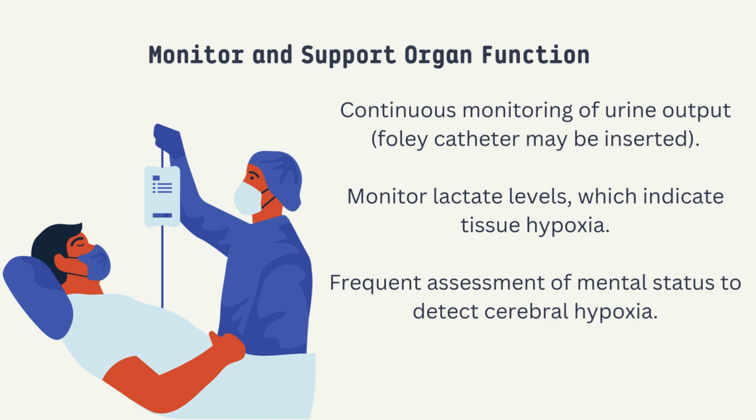When it comes to organ function, make sure that you catheterize the patient so that you have direct access for monitoring. And in most cases, the doctors put the patient on IV fluids or enteral feeding, because in most cases they might not be conscious.